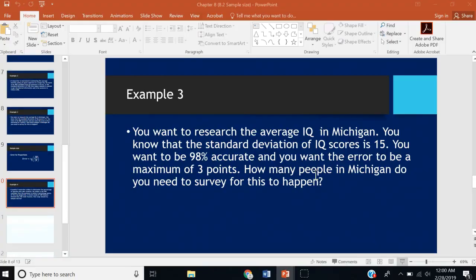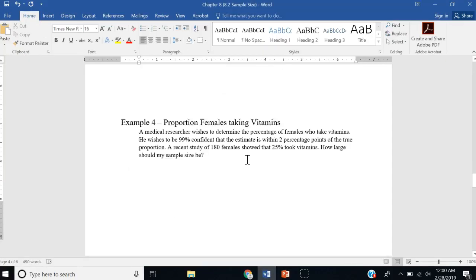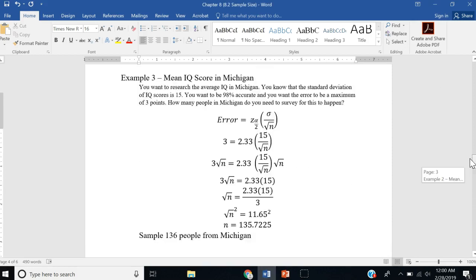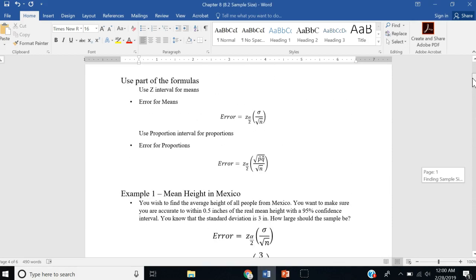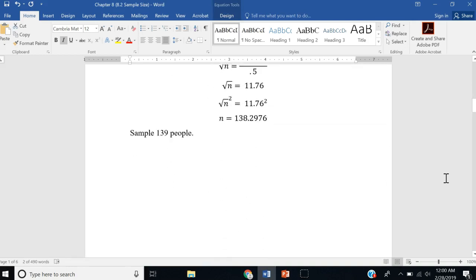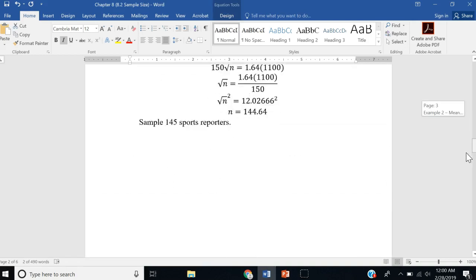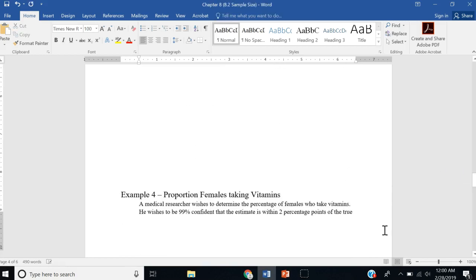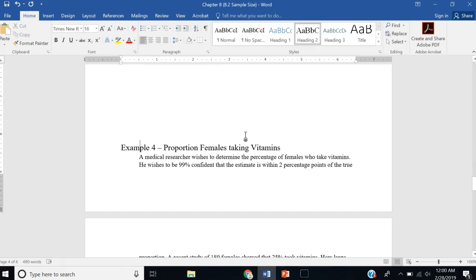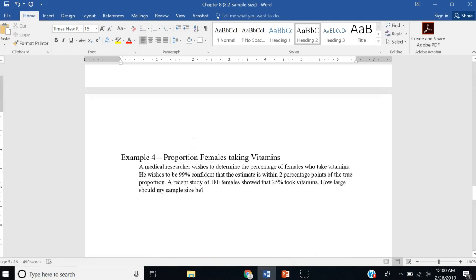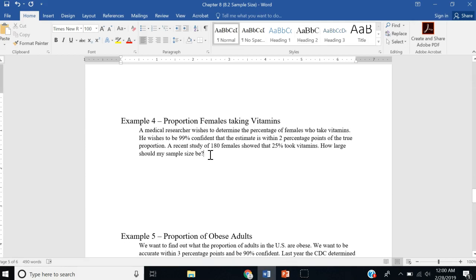So here's what we do. We go back and we say, well, obviously we're dealing with proportions. So I go and I get the formula for the error of the proportions. So I got this error.